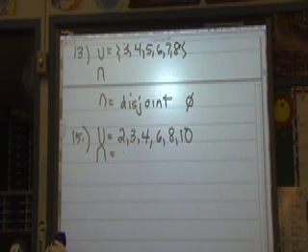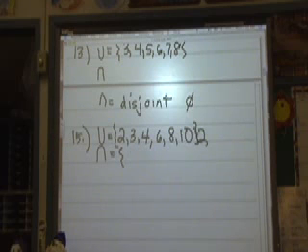Shared? 4. Oh wait, there's a 12 in there, in the union. Sorry. Okay, and so what do they have in common? What do they share at their intersection? 4, 6, and 8. Okay, that's the end of that page.